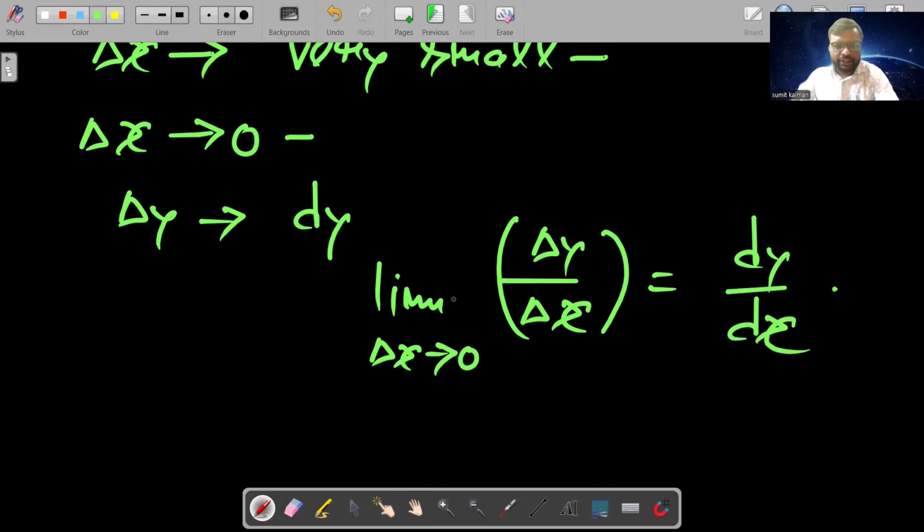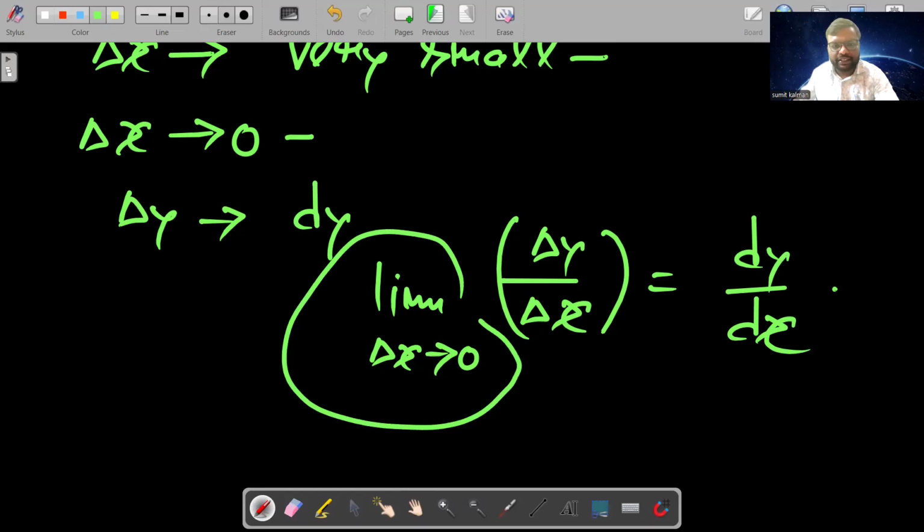Here you can simply understand this: limit delta x tends to 0 means delta x, the change in x, is very small. So limit delta x tends to 0, delta y upon delta x is equal to dy upon dx.